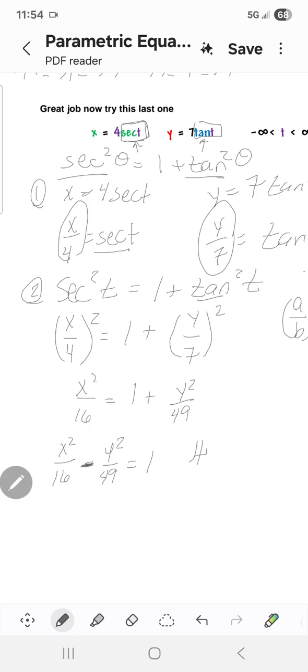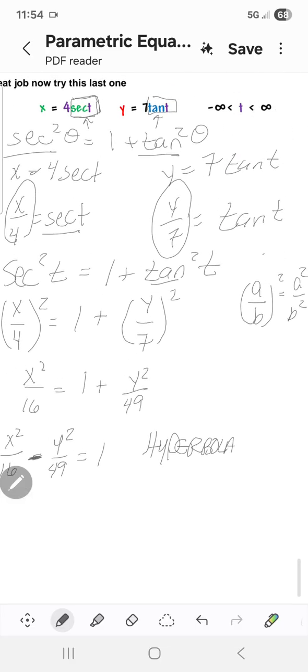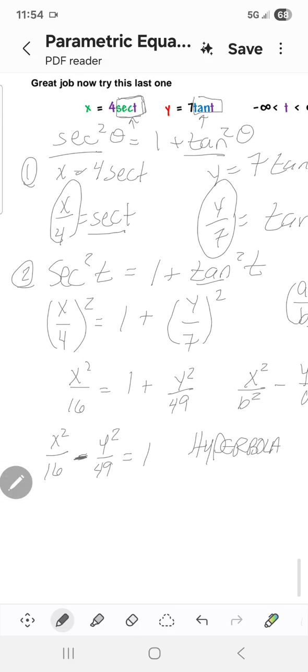That means that we have a hyperbola. So we can actually graph this. Remember, a hyperbola is x squared over b squared minus y squared over a squared. Okay, so we can draw this. So we've got that hyperbola. All right, good deal.